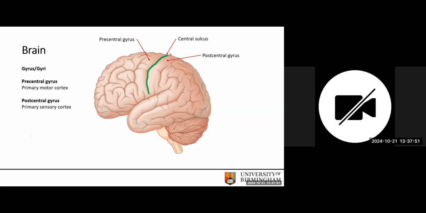So why do they make this difference and why is the central sulcus so important? As we said, because it gives us these 2 gyri. It also gives us this lobe here. So this is the frontal lobe, and this here is the parietal lobe.